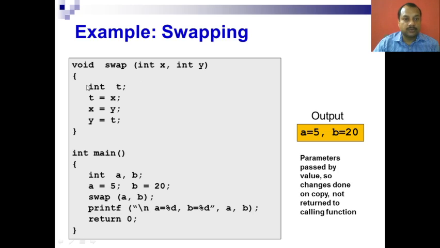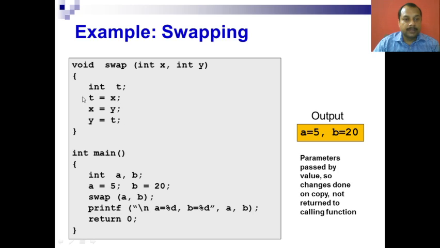Then what I am trying to do, basically, I wish to swap the content of x and y. So int t is my one temporary variable. Initially I am taking the content of x in t, then I am overriding the content of y in x, then I am taking back the value of t, which was actually assigned from x, to y.